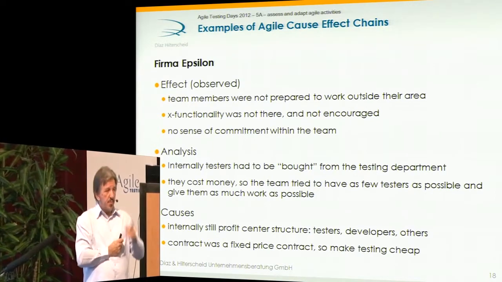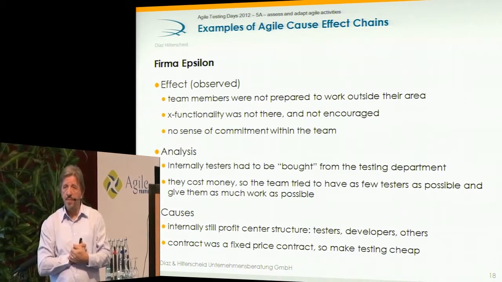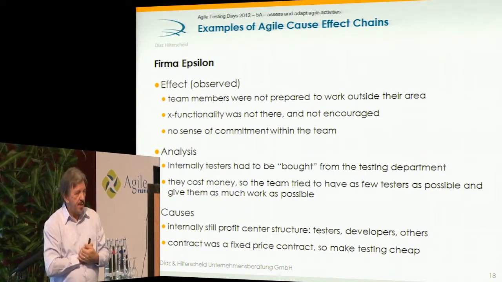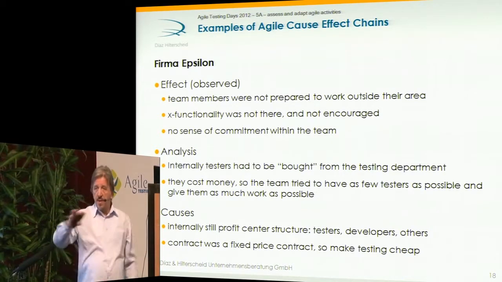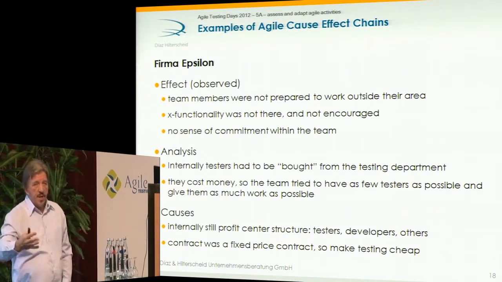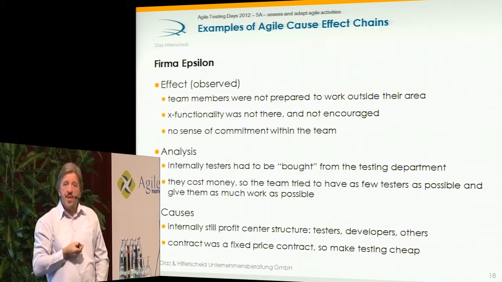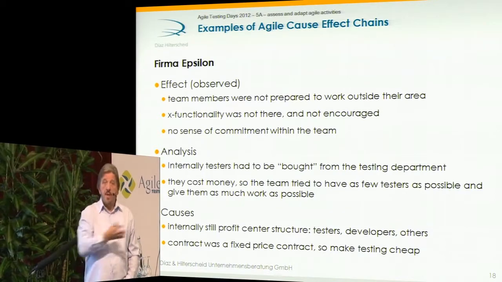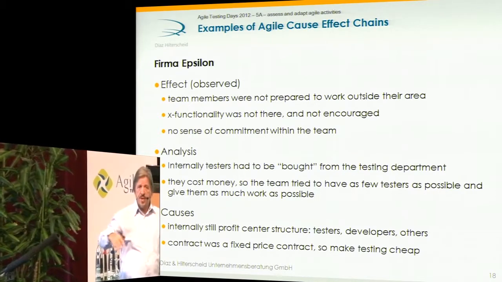So what they did, they bought one tester to join the team. And of course, you can imagine that a developer would never assist the tester in doing any work because the tester was running on a different budget than the developer. And if the developer started to do that, the development manager would say, why are you wasting development money on testing? If more testing is needed, we have to buy an additional tester. Yes, but if you buy an additional tester, that will cut into our budget.